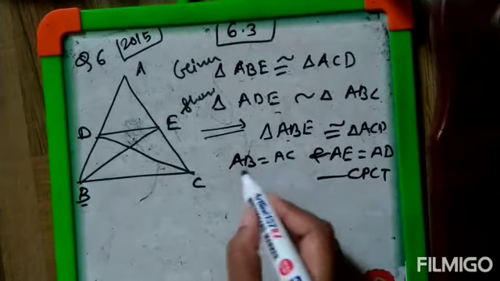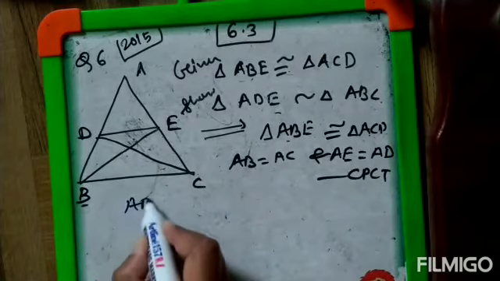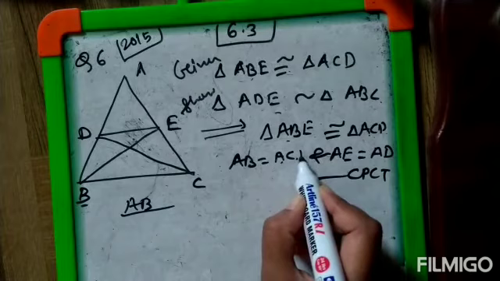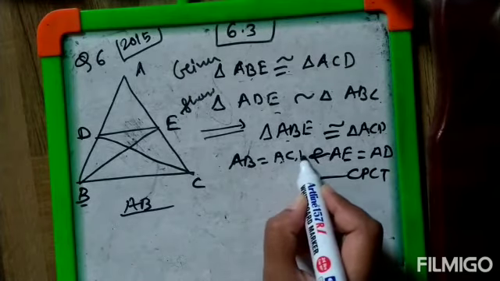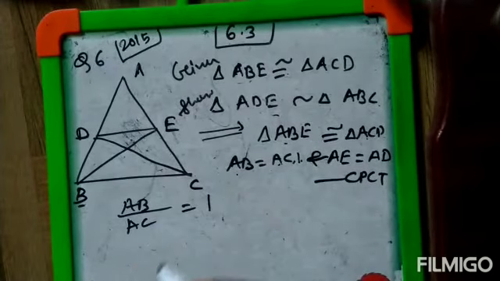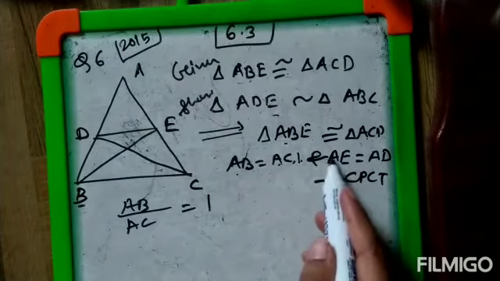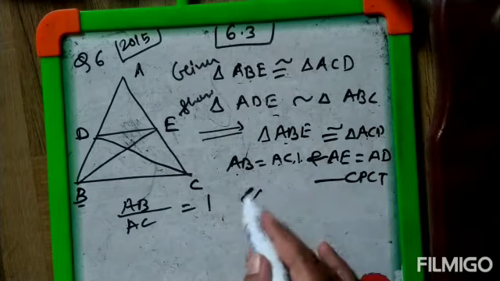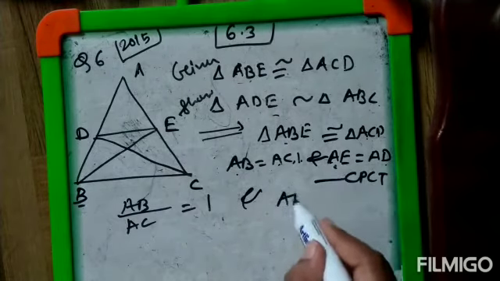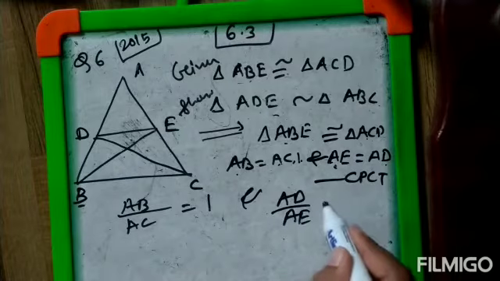Take AC to this side. AB upon AC, with nothing here meaning 1. So AB upon AC is equal to 1, and the same with this one: AD upon AE is equal to 1.